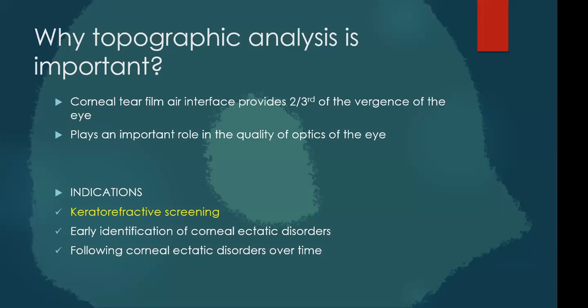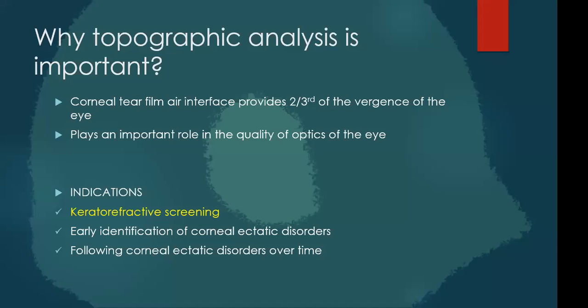The second important indication is early identification of corneal ectatic disorders. This is a common indication we see in our OPD practice, especially people coming for a refractive error checkup. So when they have an against the rule astigmatism, say more than one diopter, or they have history of eye rubbing, or they have an oblique irregular astigmatism, it is important to advise a topographic analysis and also be able to read it well.